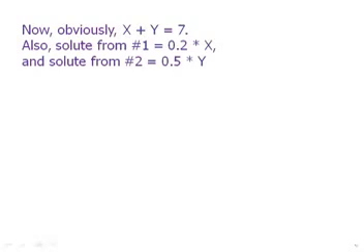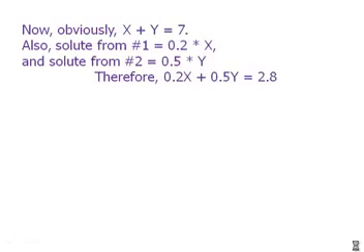The solute from 1 is 0.2 times X. The solute from 2 is 0.5 times Y. We add those 2, and it should add up to the total solute. So that's our second equation. Our first equation is X plus Y equals 7. Our second equation is this solute equation, 0.2X plus 0.5Y equals 2.8.